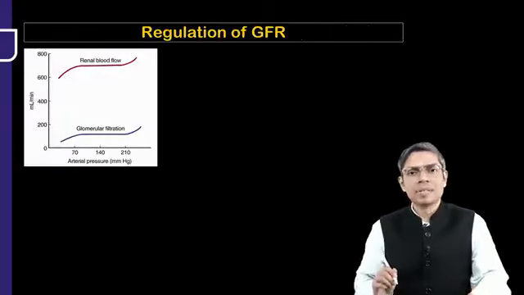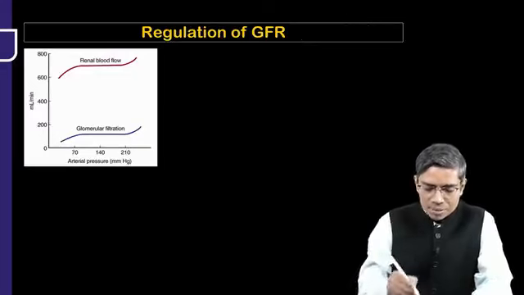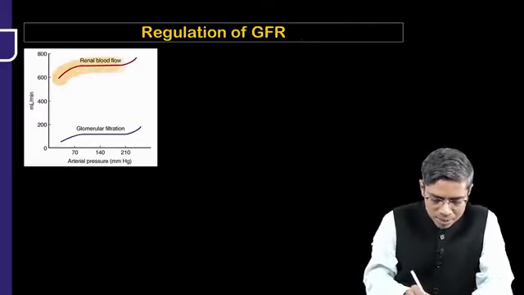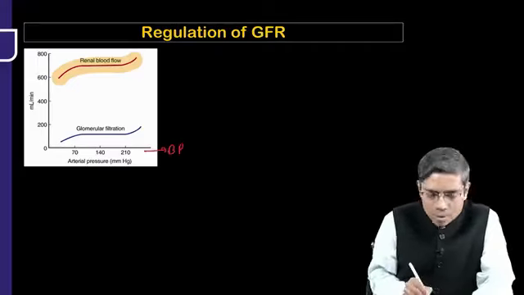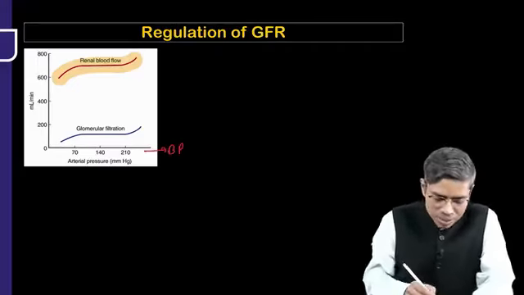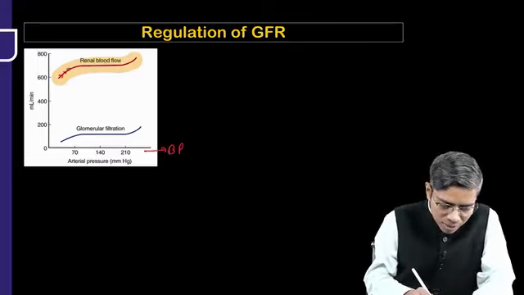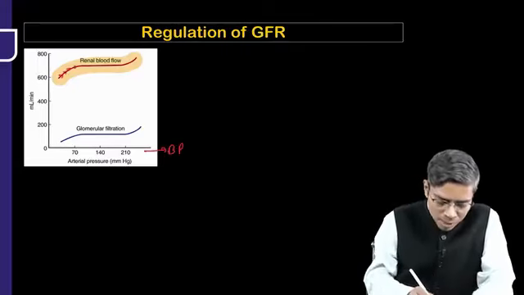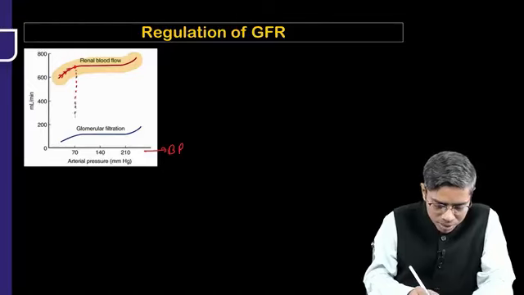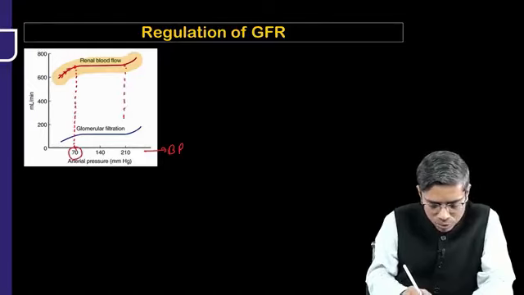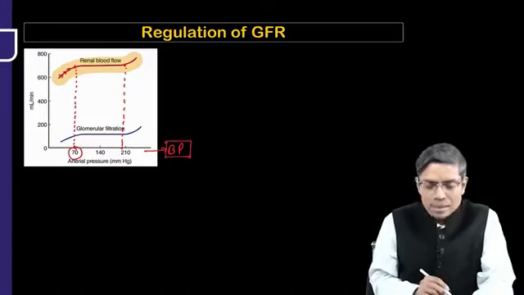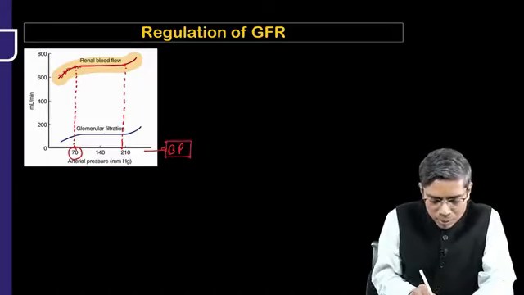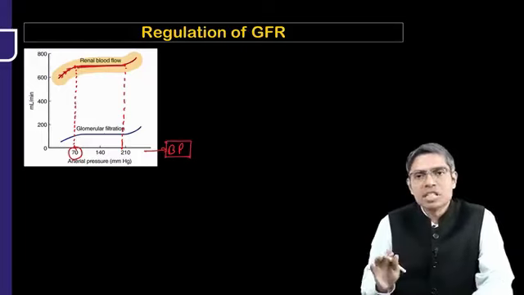In case of kidney, the typical autoregulation curve is given here. The x-axis is the blood pressure. With the change in blood pressure, initially there is a rise of blood flow into the kidney, but from a range of 70 mm of mercury up to almost 200 mm of mercury, although the blood pressure is changing, the renal blood flow or renal plasma flow is not changing.